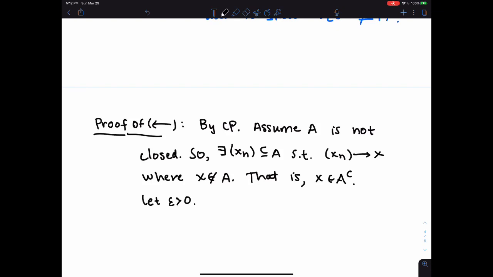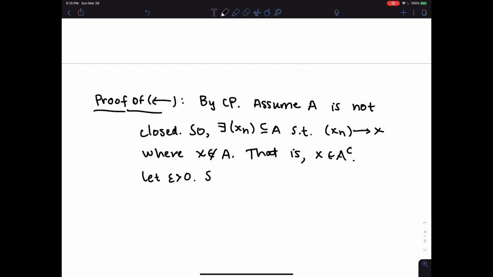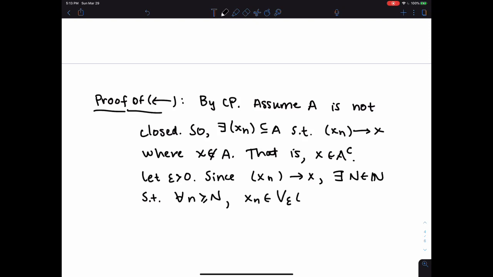And our goal now is to argue that I can find a point in the epsilon neighborhood that's also in A. So I'm going to use the definition of convergence here. Since xn is converging to x, there has to exist a capital N in the natural numbers, such that for all little n greater than or equal to capital N, xn is a member of V epsilon of x. So in particular, x sub capital N is in V epsilon of x.